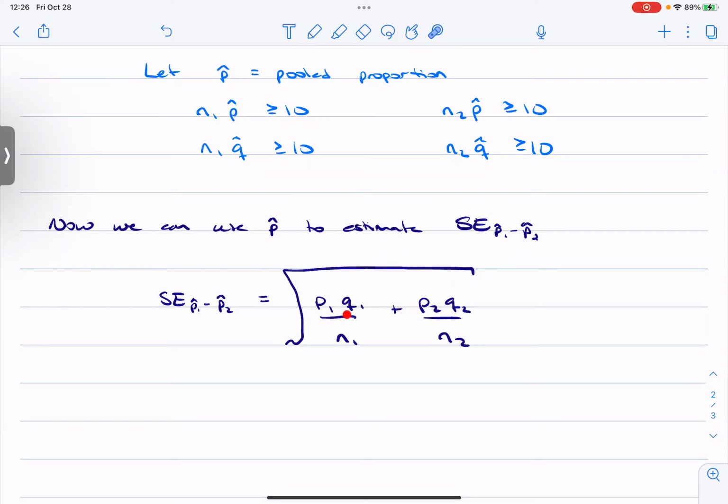I don't have the population proportions, right, for either of the groups, of course. So what do we do instead? Right, instead, I use P hat, Q hat, P hat, Q hat, where P hat is the P hat pooled, if I'm being nice.